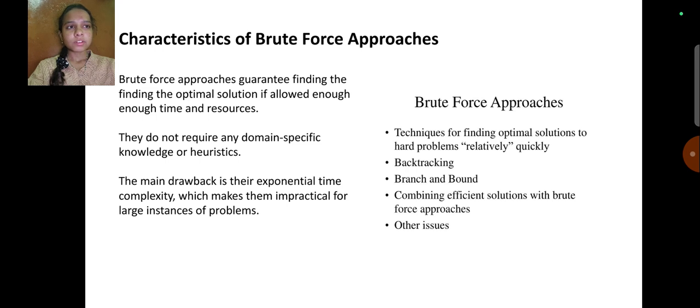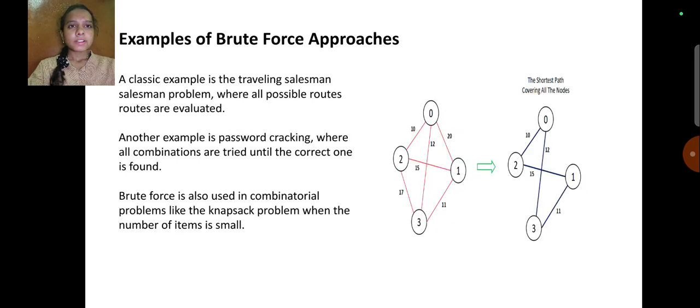And next we are going to speak about examples of brute force approaches. A classical example is the traveling salesman problem, where all possible routes are evaluated. Another example is password cracking, where all combinations are tried until the correct one is found.